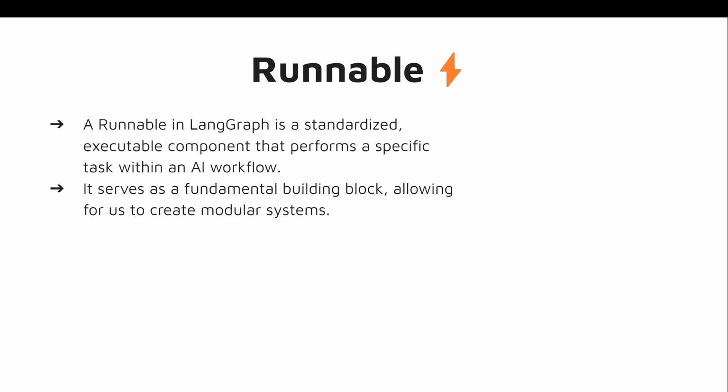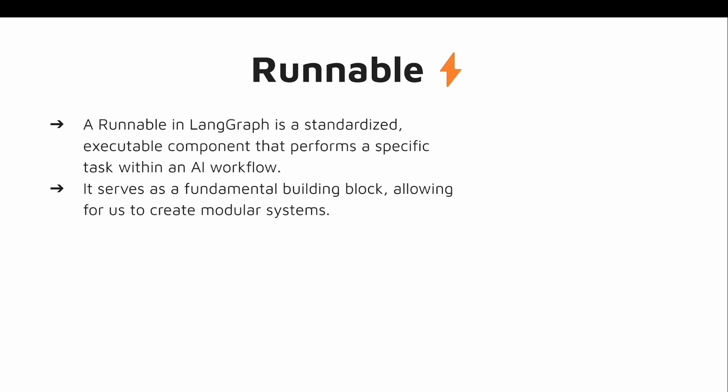Now here's where the runnable comes in. Some of you will be coming from a LangChain background, and runnable is quite common there. It's quite similar in LangGraph as well. A runnable in LangGraph is just a standardized executable component that performs a specific task within an AI workflow. It basically acts as a fundamental building block, allowing us to create these modular systems. Now, a question you could have right now is, well, what's the difference between a runnable and a node?